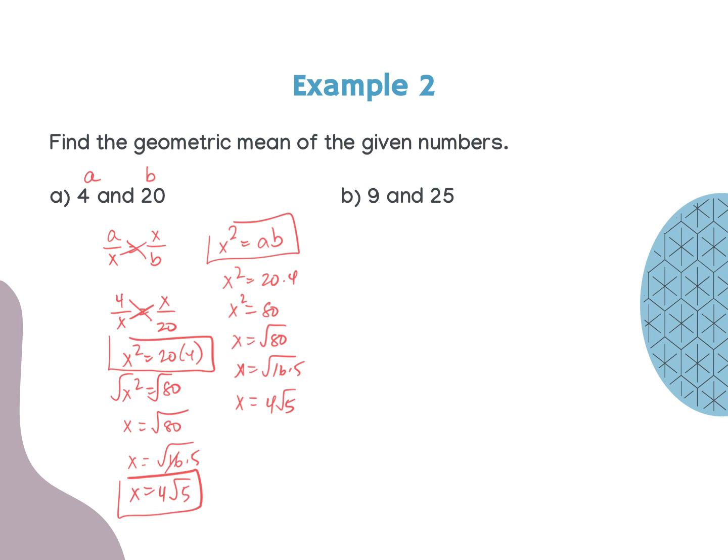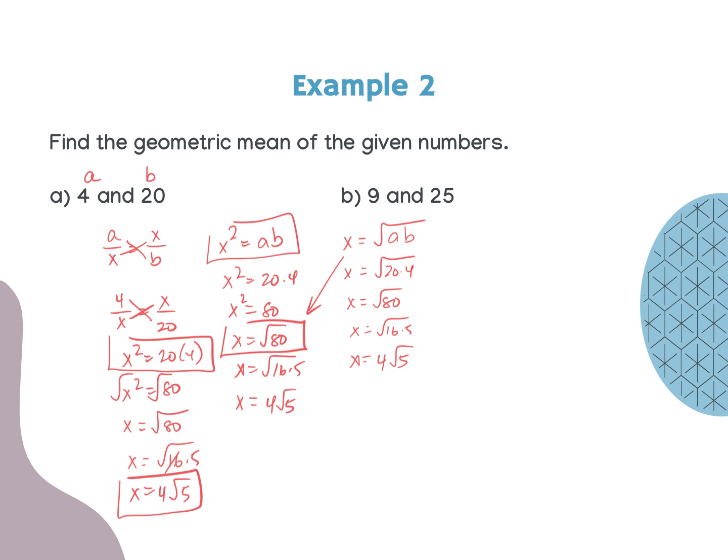Then remember that I told you that ideally you use x equals the square root of A times B. So x equals the square root of 20 times 4, x equals the square root of 80, x is the square root of 16 times 5, and x is 4 radical 5. Again, here you're just starting at that step.